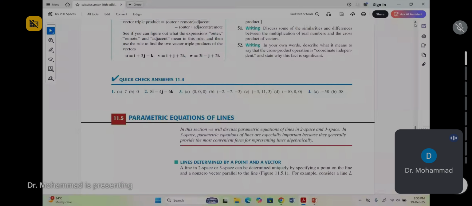Chapter 11.5. Can you see the textbook? Yes, sir. Okay, so the parametric equation of lines.